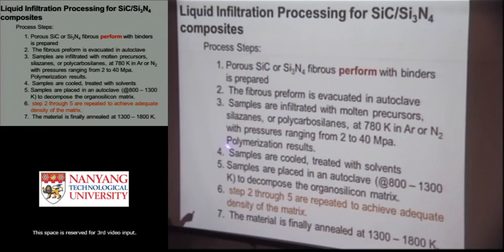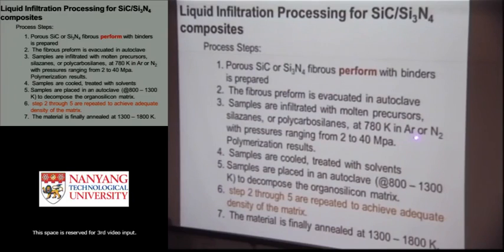When you have made the preform, in the second stage you use the melted material with the precursor for the silicon carbide. You melt it. This precursor can be a small molecule or a polymer. You melt it, and the temperature is normally 780 K. Here we use argon and nitrogen. Why? Because all organic material at such a temperature, if you use oxygen or air, is easy to oxidize.